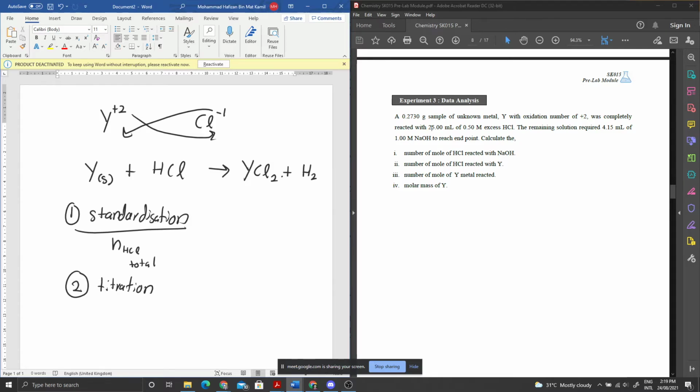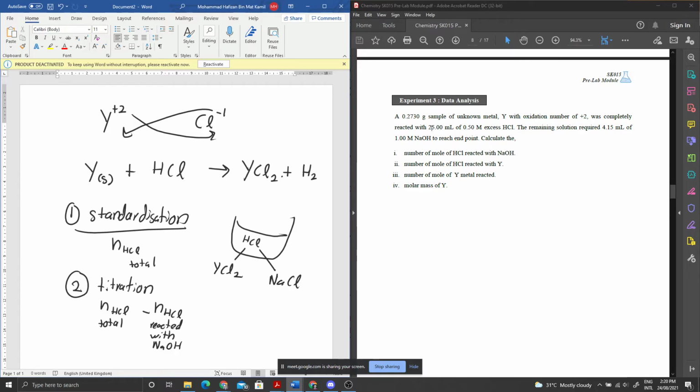Okay, we dapat titration is by n HCl total minus dengan n HCl yang reacted with NaOH. Sebab dalam bakul tu we have HCl. Some of the HCl react with Y metal to create YCl2, but some reacted with NaOH to create NaCl.